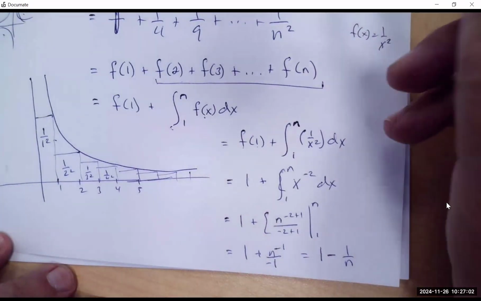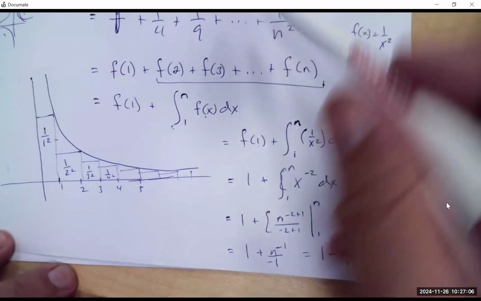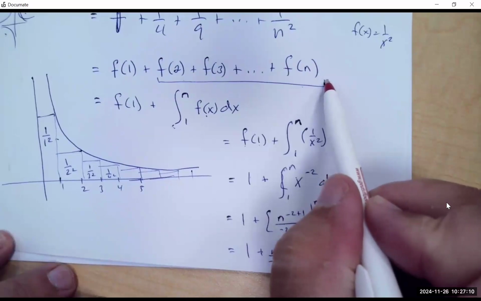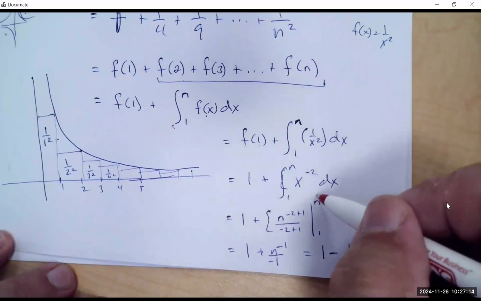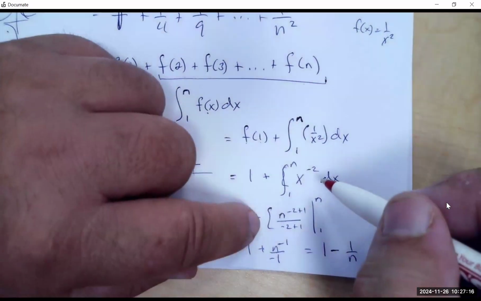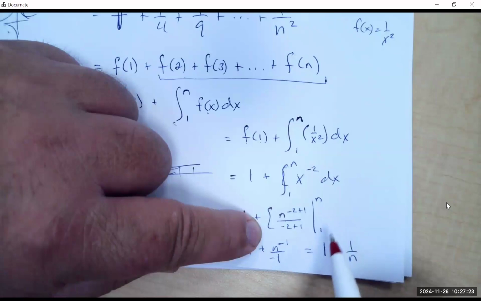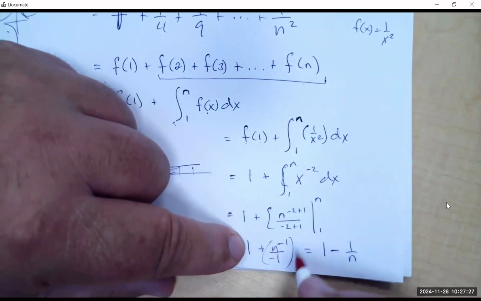I'm going from 1 to n because that's just a finite number there. Plus, so this one, let's see, I need more space.